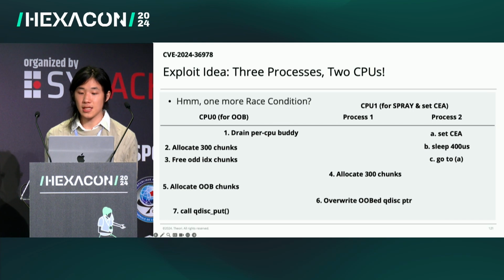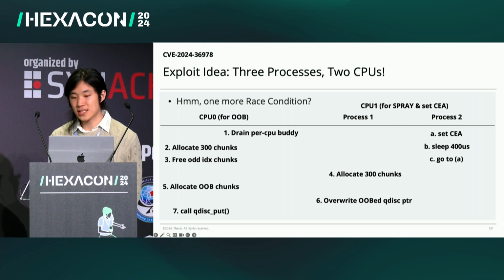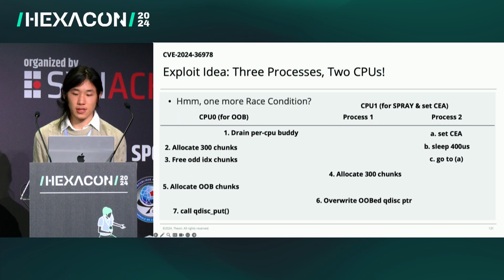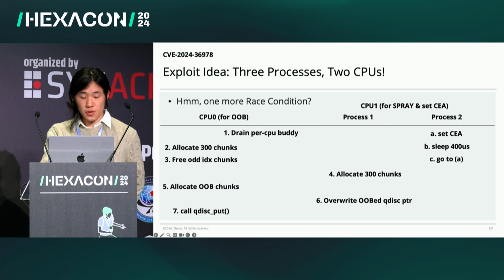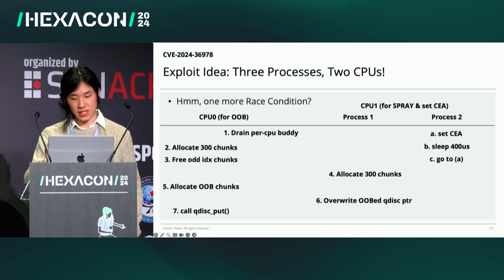How about setting the CEA with a sleep? Just set the CEA and sleep for 4 microseconds, or nanoseconds. If you do it like this, drain the CPU partial, allocate 300 chunks, after that, free the list index chunk, and allocate 300 chunks, after that, allocate the OOB chunk, then set the CEA between those conditions.